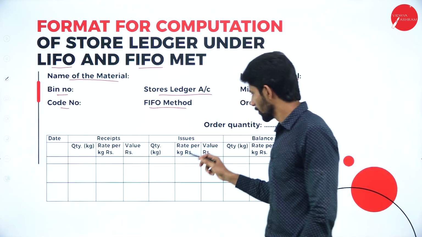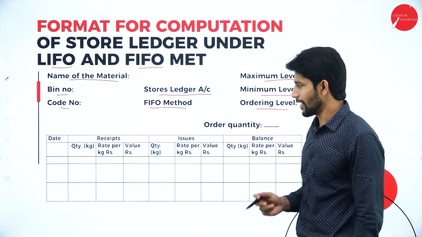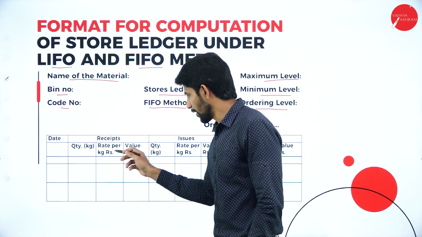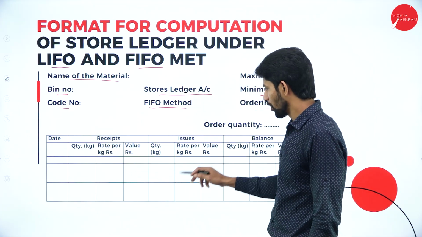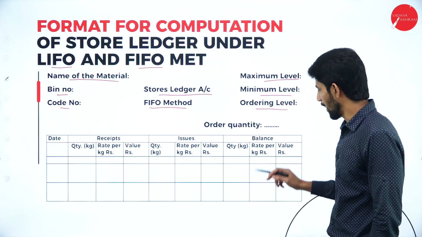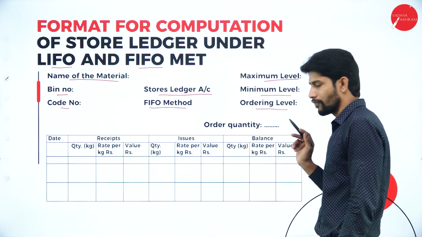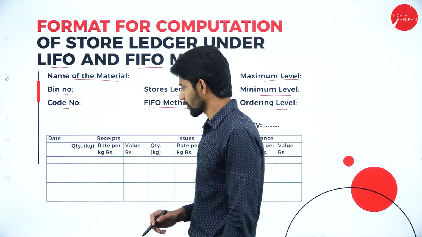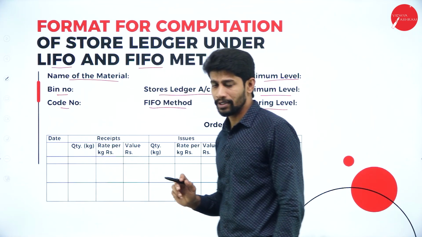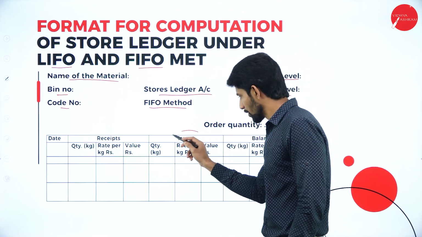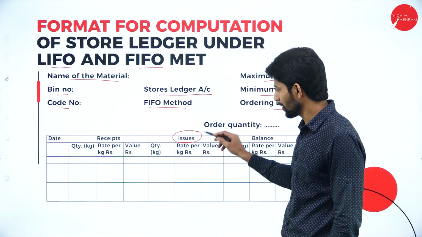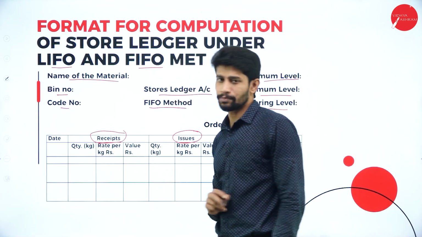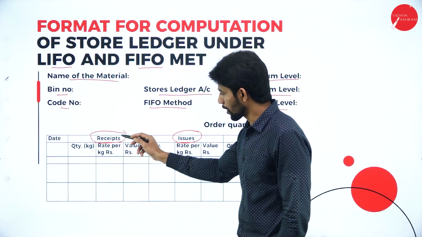Then you put the columns: date, receipt, issue and balance. Under the receipt column, make three columns: quantity, rate, value. Again under issue column, quantity, rate, value. And under balance column, quantity, rate, value. If you are purchasing, you are supposed to write it in the receipt column.